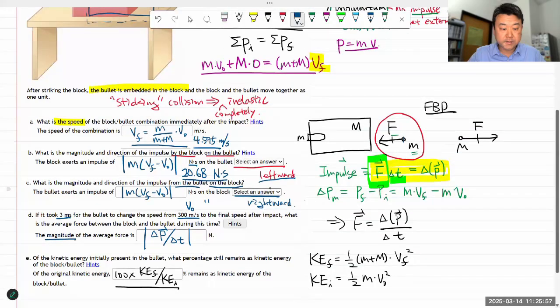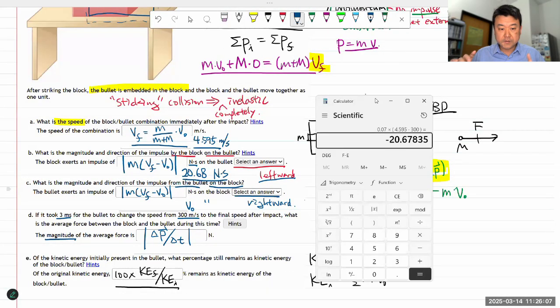So for part D, I have this. I'll just leave it as minus and just remember not to write it down. I have this impulse from parts B and C. I just need to divide by the time. So I need to divide this by not 3, but 0.003 second. That's the 3 milliseconds.